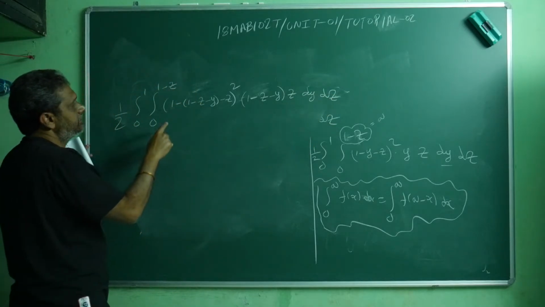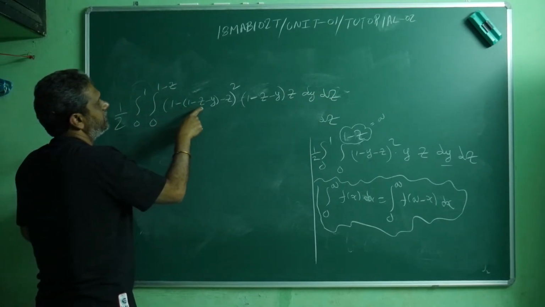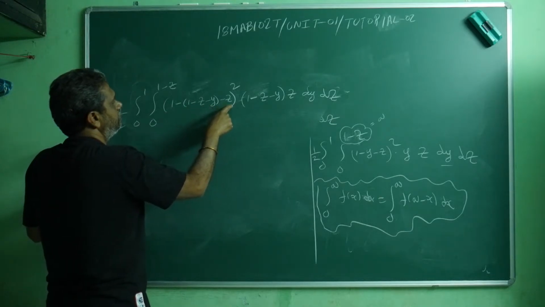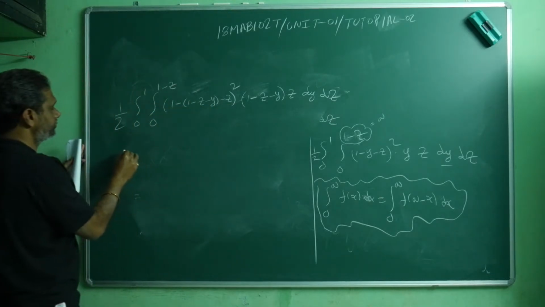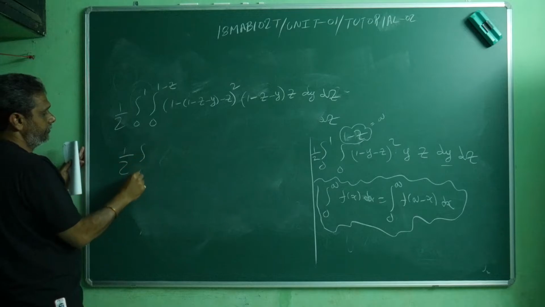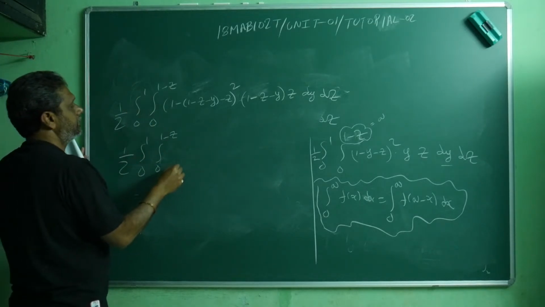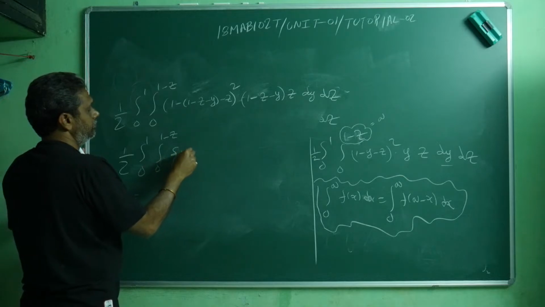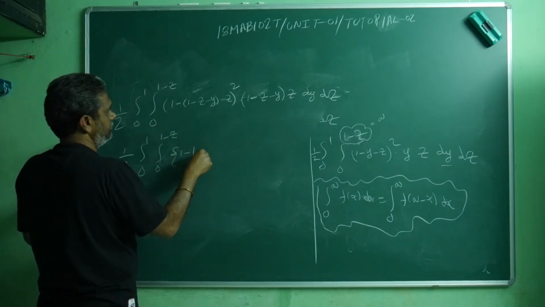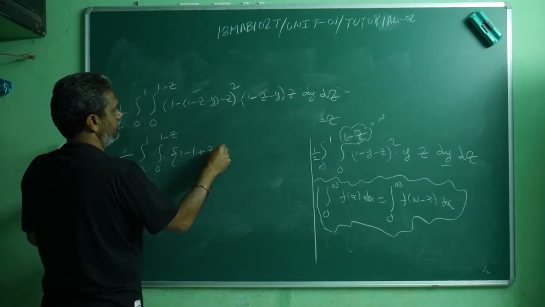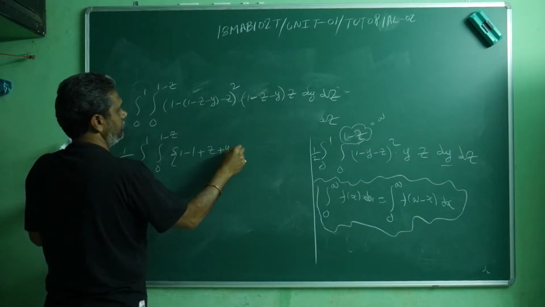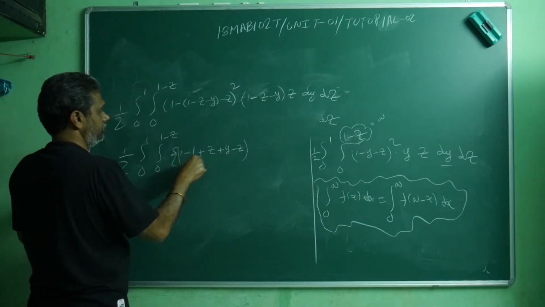Now this is what actually, if you take minus 1 plus z plus y minus z, so minus z, 1 minus 1 plus z plus y minus z whole square.